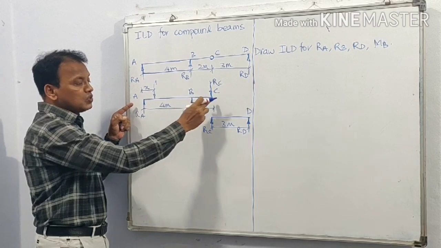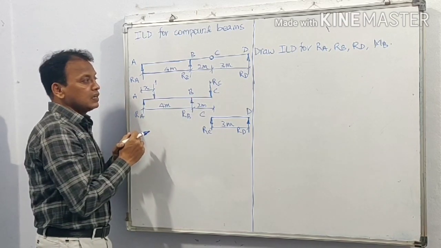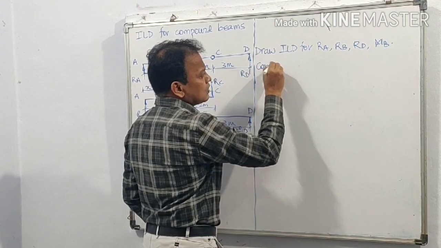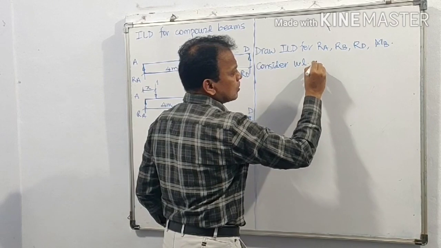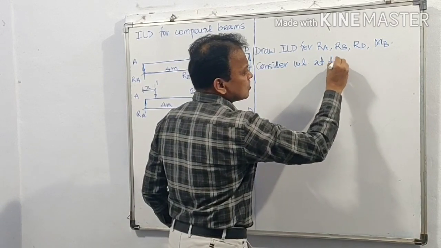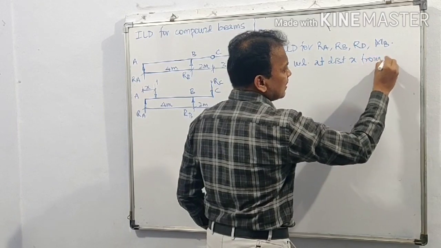So we have considered a unit load acting anywhere on the right hand side of A. Consider a unit load at distance x from A.